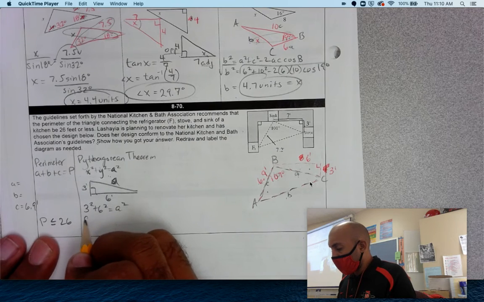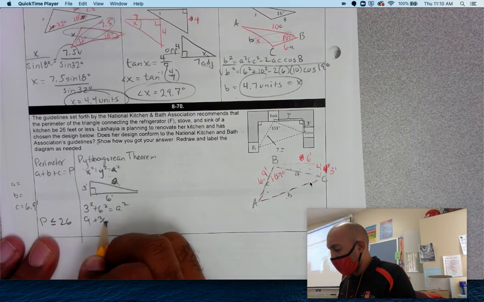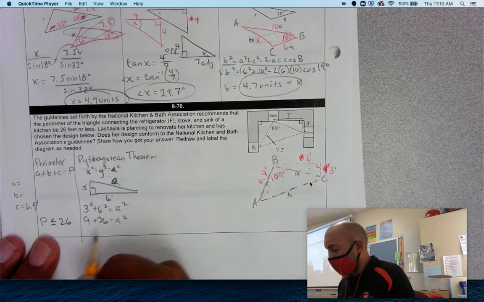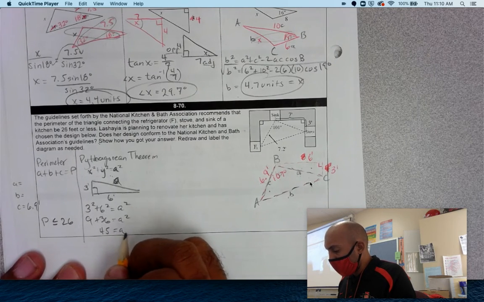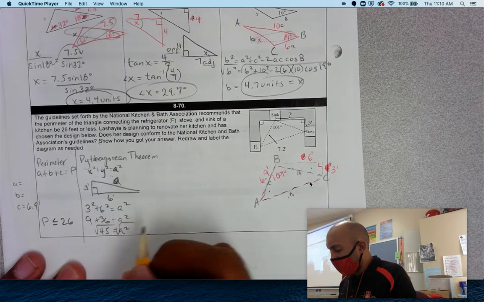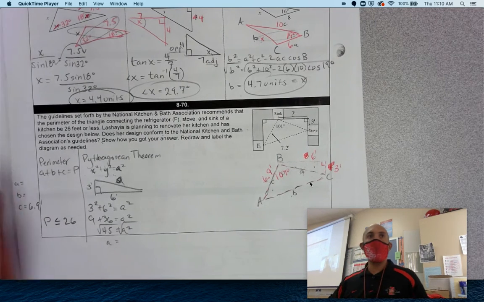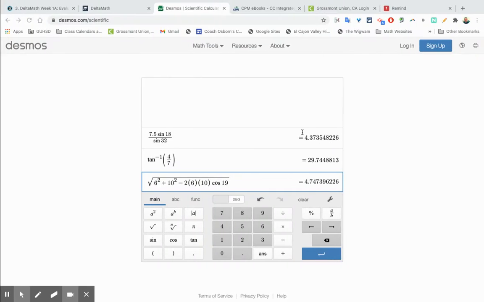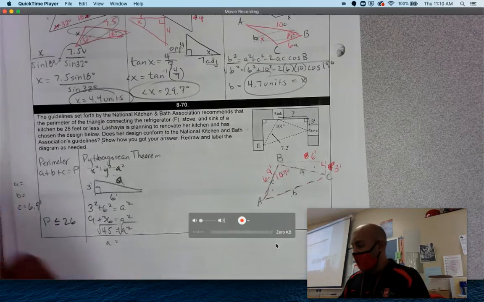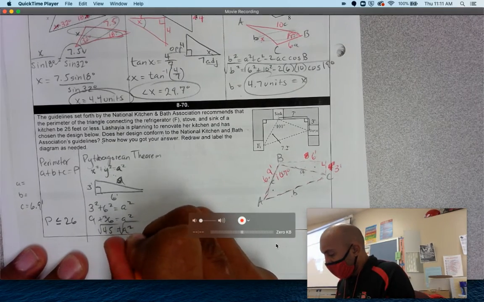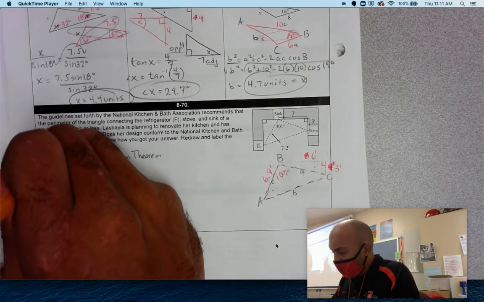So that's 9, that's 36. Equals a squared, 36 plus 9, it's going to be 45. And then we want to square root that, and round that to the nearest tenth to find side A. So square root of 45 is 6.7. Okay, so that's one side.